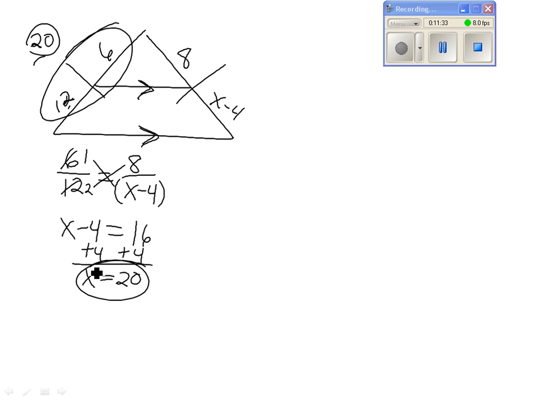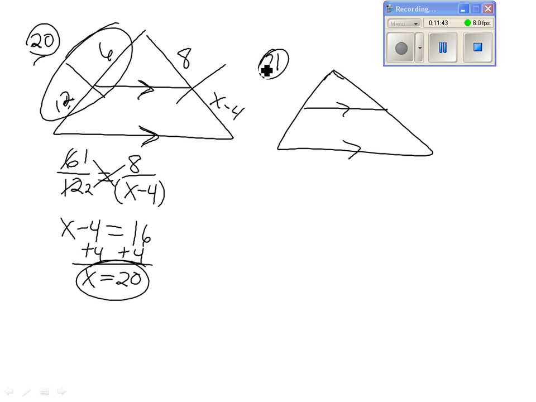We do 21. They use the same picture. These two are parallel. This is for problem 21. They tell us that this is x minus 5, this is 15, this is 18, and this is x minus 4.